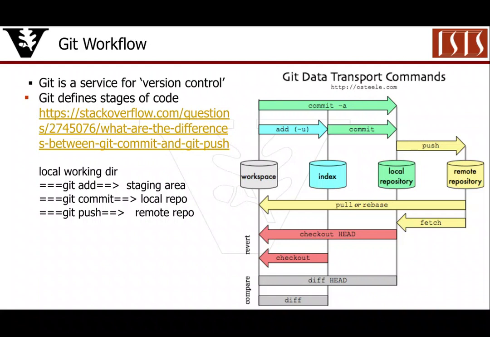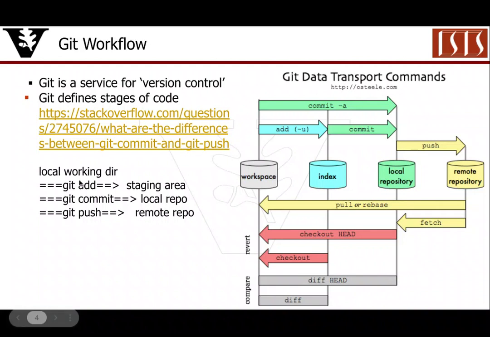So basically, as we have mentioned, Git is a service for version control. It actually tries to define the code development into several different stages. So we can see a very simple summary here.